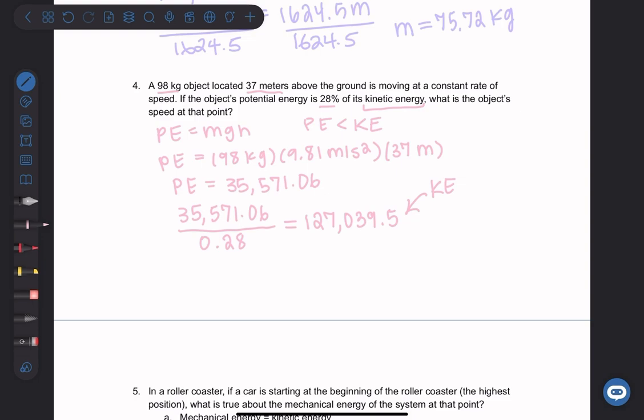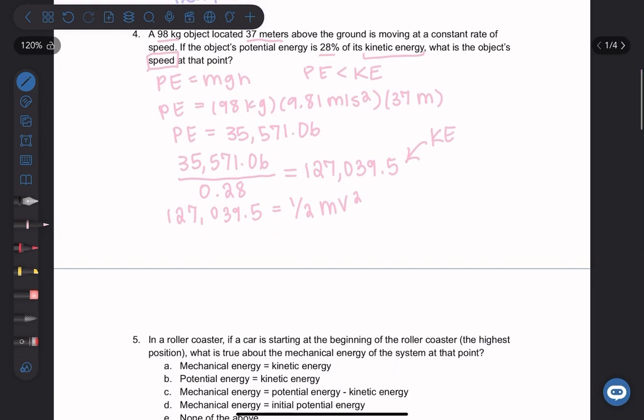But the question is asking for the speed or the velocity. So now we're going to find that. 1/2 mass velocity squared. Okay, and we already know the mass, so we can just find the velocity. The mass is 98 kilograms.